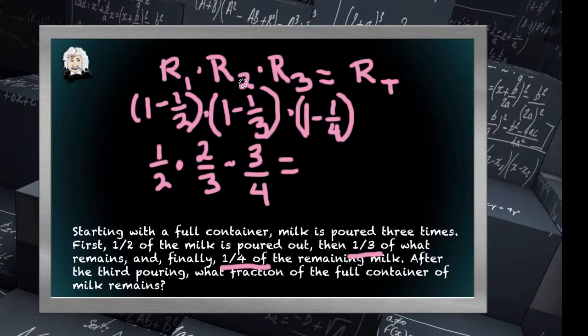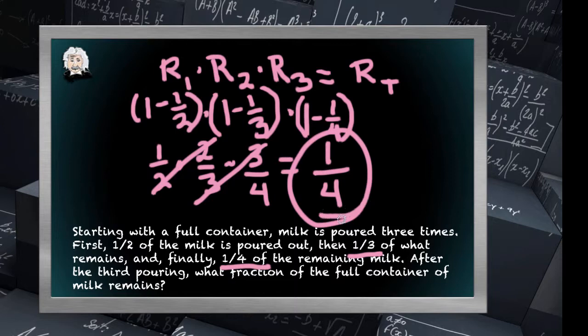Which implies our total remaining fraction after all 3 pourings should be 1 times 2 times 3 divided by 2 times 3 times 4, and in fact we can see the 2's and the 3's cancel, so all we're left with is 1/4. So the amount of remaining milk will be 1/4 of the original total.